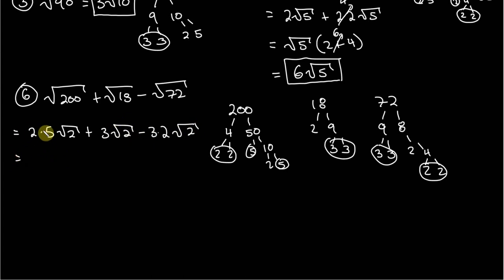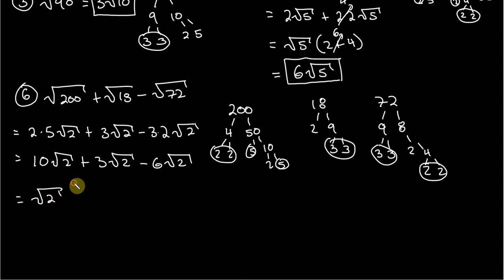But let's simplify this. 2 times 5 is 10, so that simplifies to 10 root 2 plus 3 root 2, and then 3 times 2 is 6, so it's minus 6 root 2. Now we can factor out the square root of 2, and we're left with 10 plus 3 minus 6. 10 plus 3 is 13, minus 6 is 7.